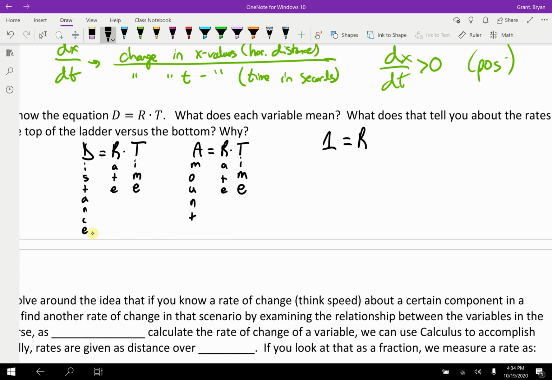We don't know the rate yet, but we do know the time: it took 1 second. I should keep my units in here too. So if I wanted to solve for the rate here, my rate is going to be 1 foot per 1 second. And that, of course, is going to be the rate of the horizontal distance: 1 foot per every 1 second.